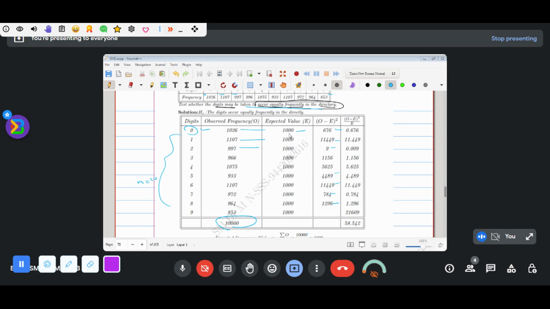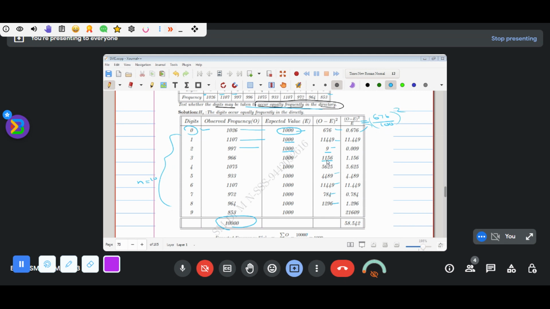What is the E value here? This is the E value. Therefore, how to calculate this one? O minus E squared is 676, divided by 1000, is the first value. The second value we can simply put 11449 divided by the corresponding expected value.